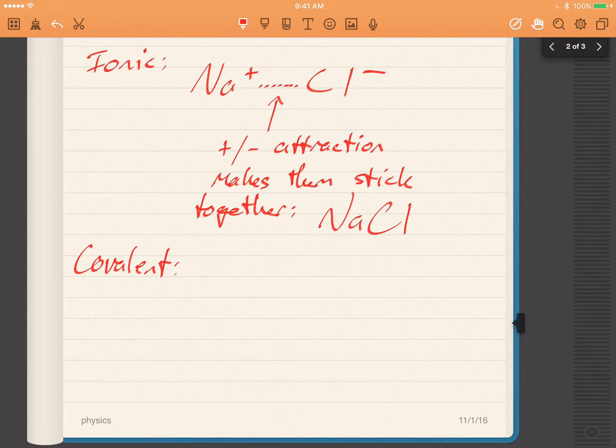Covalent would be, say, if I have an oxygen and two hydrogens. Now, you know this is H2O, right? Please say yes.